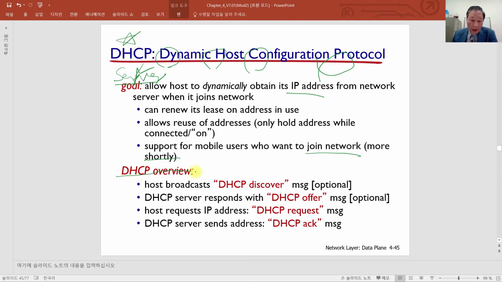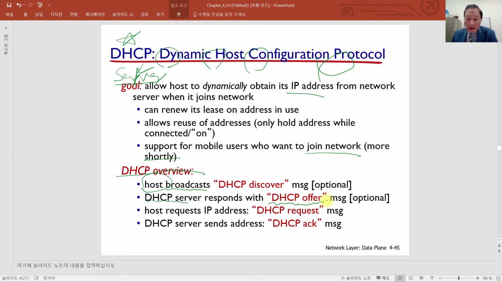And this one explains the DHCP protocol. The DHCP protocol works in this way. First, think about your computer or notebook needing some IP address. Then your notebook is broadcasting a DHCP discover message. And the DHCP server, if there is any DHCP server accessible in the network, then responds with a DHCP offer.